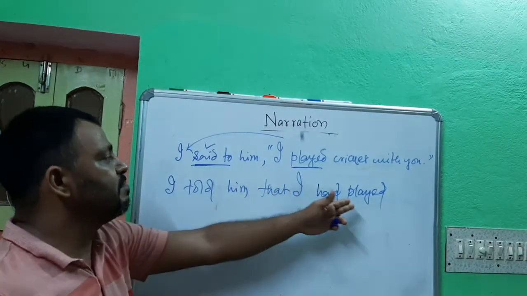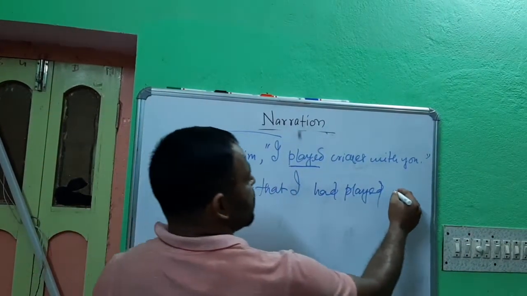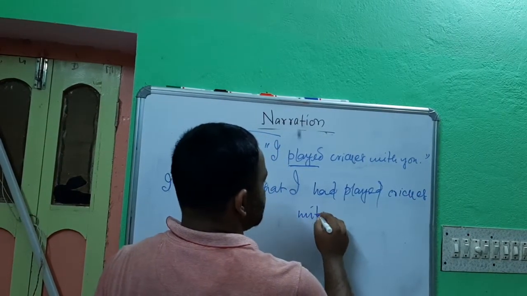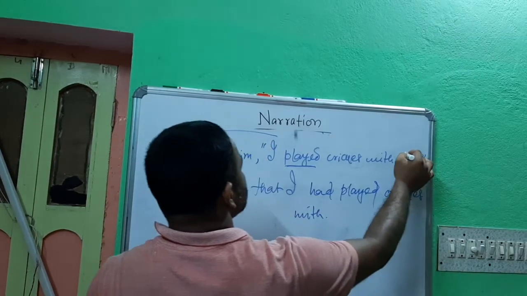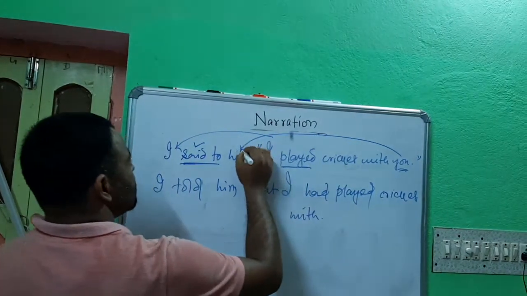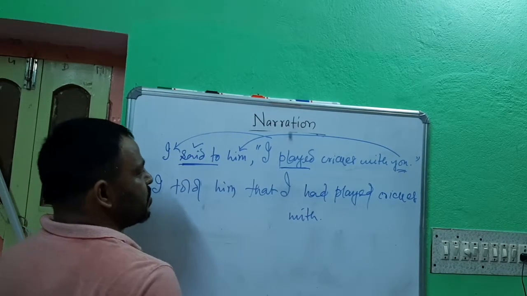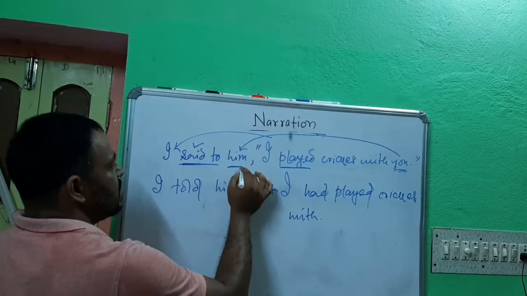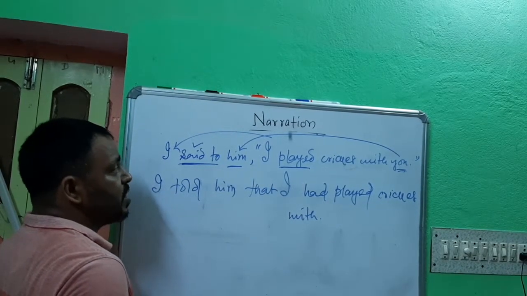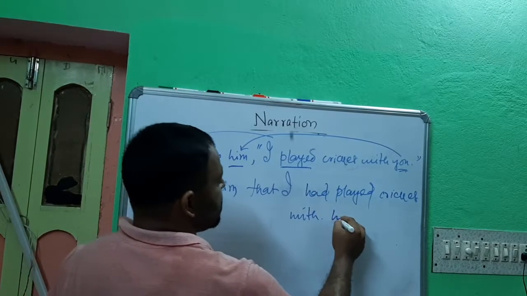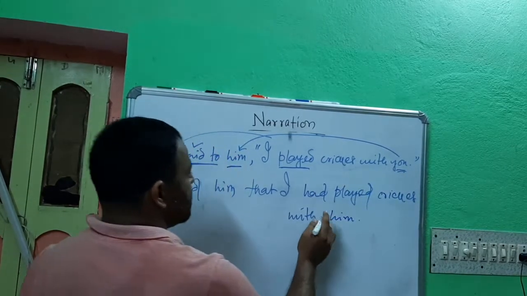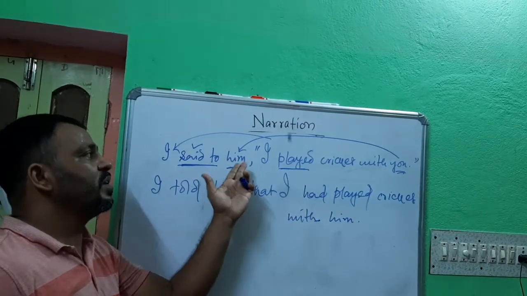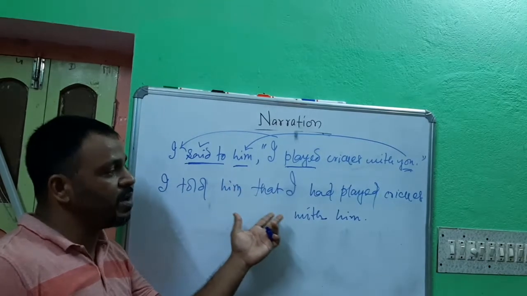Nouns would not be changed, so cricket stays. The preposition will not be changed: with stays. You here means the person spoken to, him. If the second person in the reported speech is converted according to the person spoken to, it will be changed to him. If it is in object, it will be in object. If it is in subject, it will be in subject. If it is a possessive pronoun, it will be a possessive pronoun.